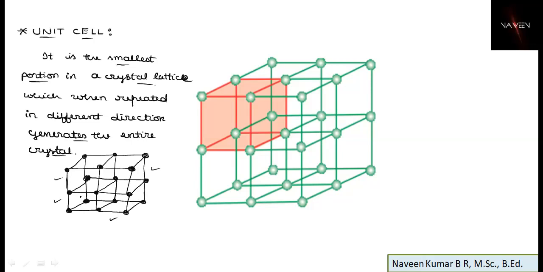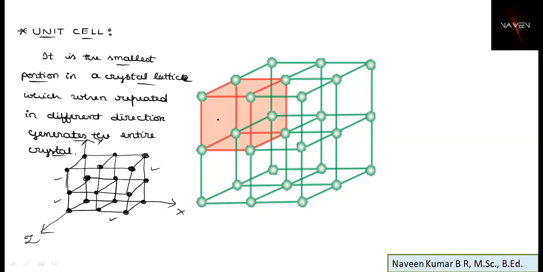Now with the help of one unit cell, I have repeated that in 3 unit cells in 3 directions. Similarly, I can extend towards this side, this side, and this side. So if we keep on representing in the respective X, Y, Z coordinates, and keep on building, the entire crystal will be generated.